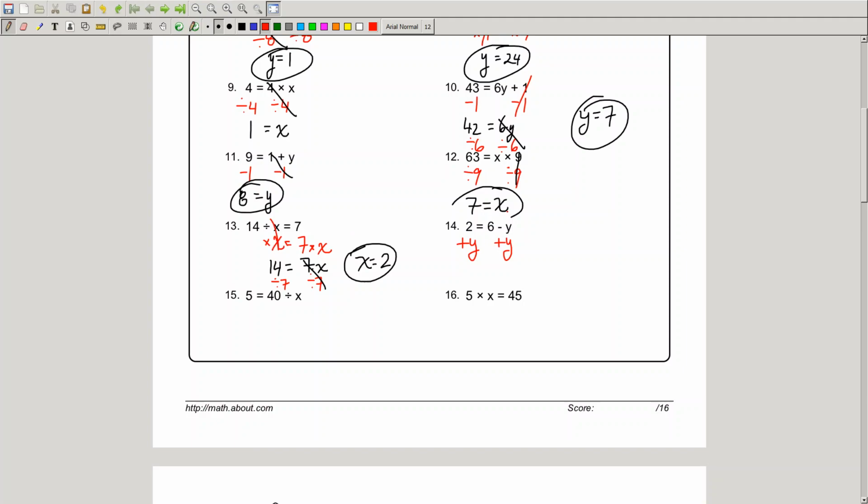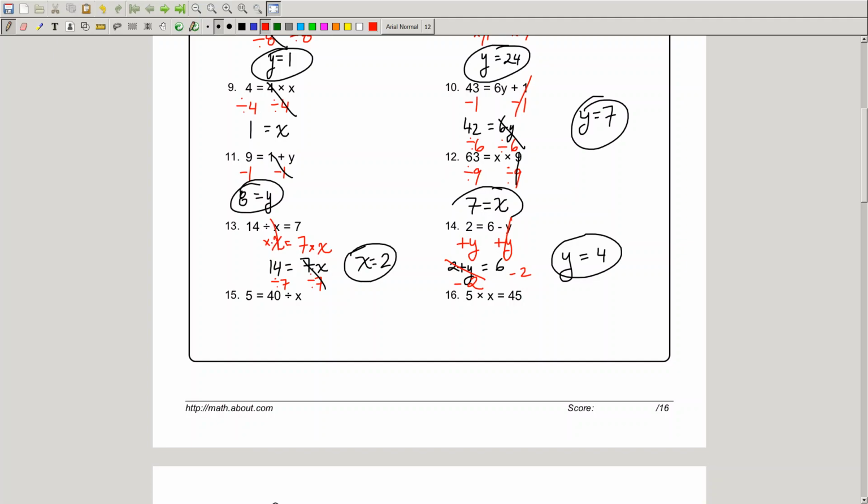So I end up getting 2 plus y equals 6. I'm adding 2 to y in this case. So here I subtract 2. So I go 6 minus 2. And that will leave me with a positive y on its own. And I'm getting y equals 6 minus 2, which is 4.